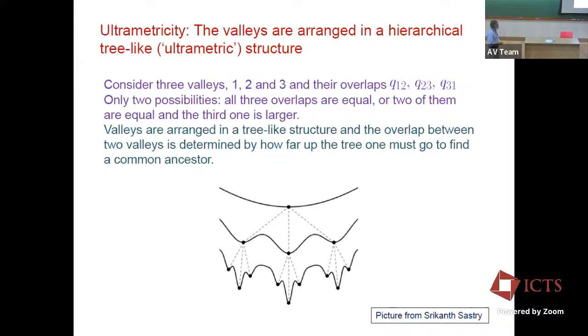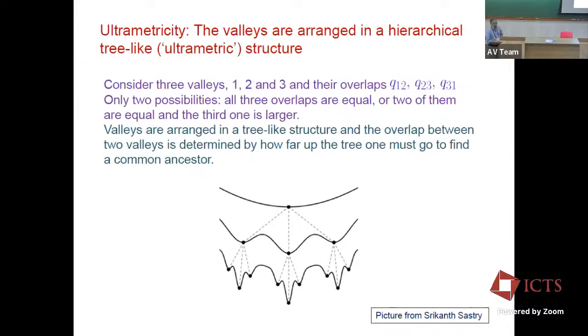So if I look at this minimum and that minimum, then if I want to go up the tree to find a common ancestor, I have to go here and I have to go there, and then I find a common ancestor. So that requires 2 steps. If I look at only these 2 minima, I can go up here and I'll find a common ancestor.